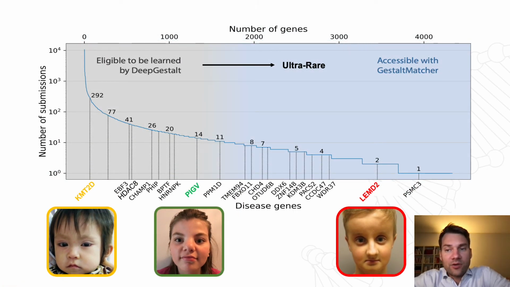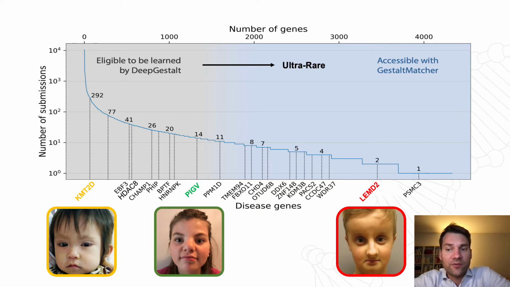Let's now have a look at a more comprehensive list of syndromes that Deep Gestalt can and cannot recognize with sufficient accuracy. We ordered all diseases by the number of cases that had been submitted to ClinVar. For KMT2D, we counted 292 pathogenic mutations that cause Kabuki syndrome.